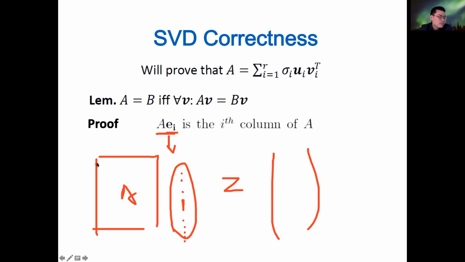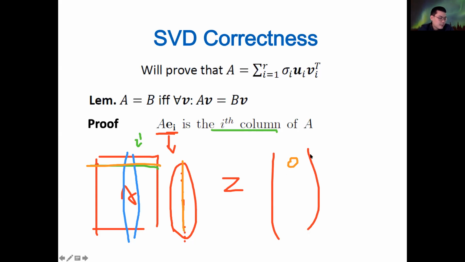So first, let's look at the first row, and you see the ith column. So let's put i here. This is the ith column. Next, let's look at the inner product. This value is really this row times this column.